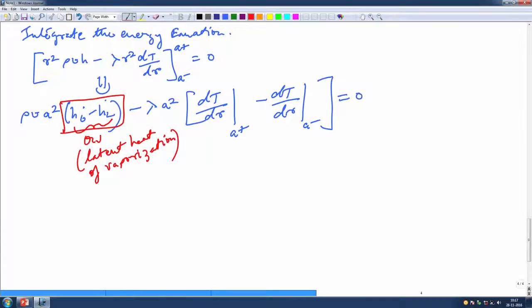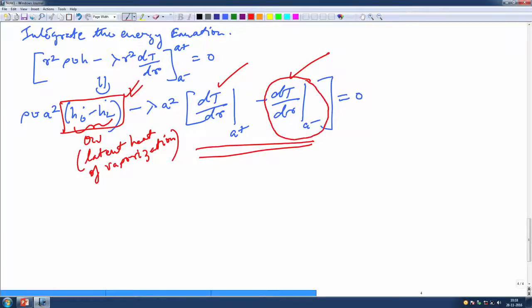On the other side you see two expressions now, one is the temperature gradient in the vapor phase, one is the temperature gradient in the liquid phase. Now here is where the plot thickens a little bit. What you can say about this quantity is easy, this is well known. But if the temperature gradient needs to be evaluated in the liquid phase, then you need to solve the full liquid phase equations.